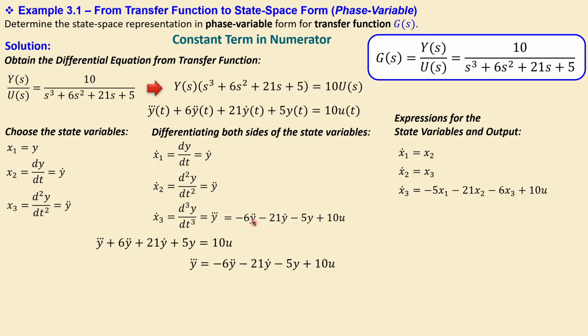But we also know that y double dot is x2 dot, and that is also equal to x3. So you can just write down everything for this expression and then collect the terms together, and we have this expression. And we know that the output was x1. In this case, we choose that, actually. This is our output.